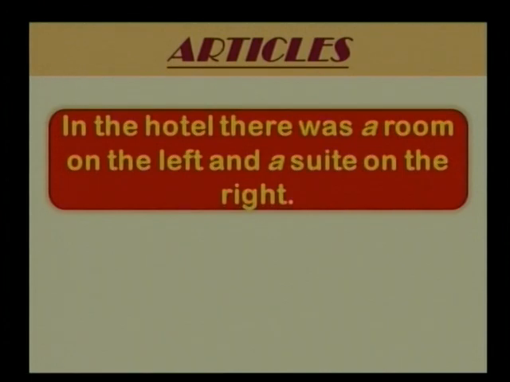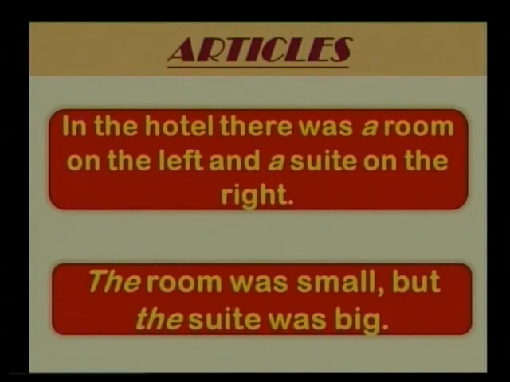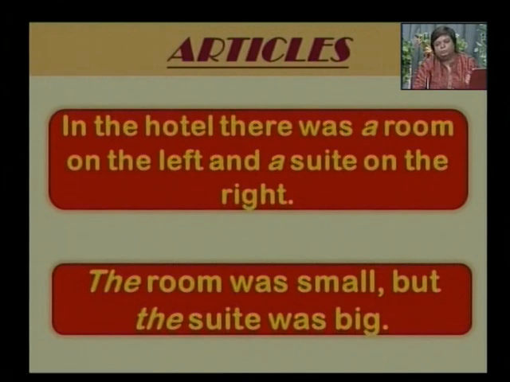This is a very, very important information. Let's come to this sentence. The room was small, but the suite was big. Friends, I hope I am making myself clear. In the second sentence I have used the because now you know which room and which suite I am talking about. So it becomes the room was small, but the suite was very large.